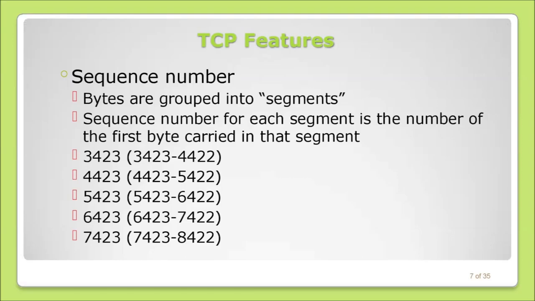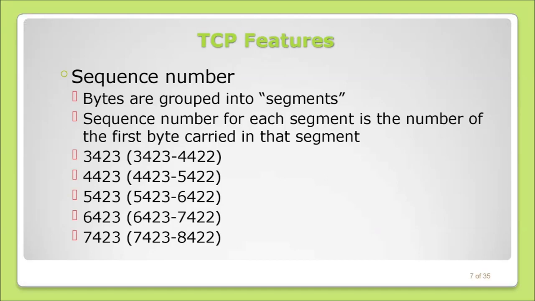Sequence number for each segment is the first byte carried in the segment, because every segment contains many bytes. For example, in one segment there may be 1000 bytes, there may be 2000 bytes, and there may be 3000 bytes, and so on. So every segment must contain many bytes, and every byte must contain a specific sequence number.